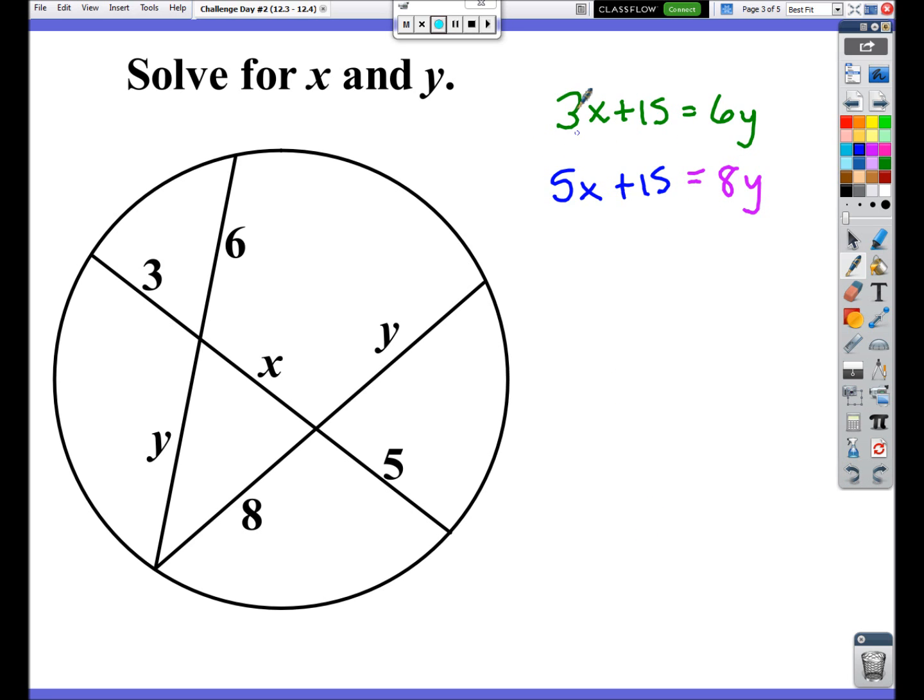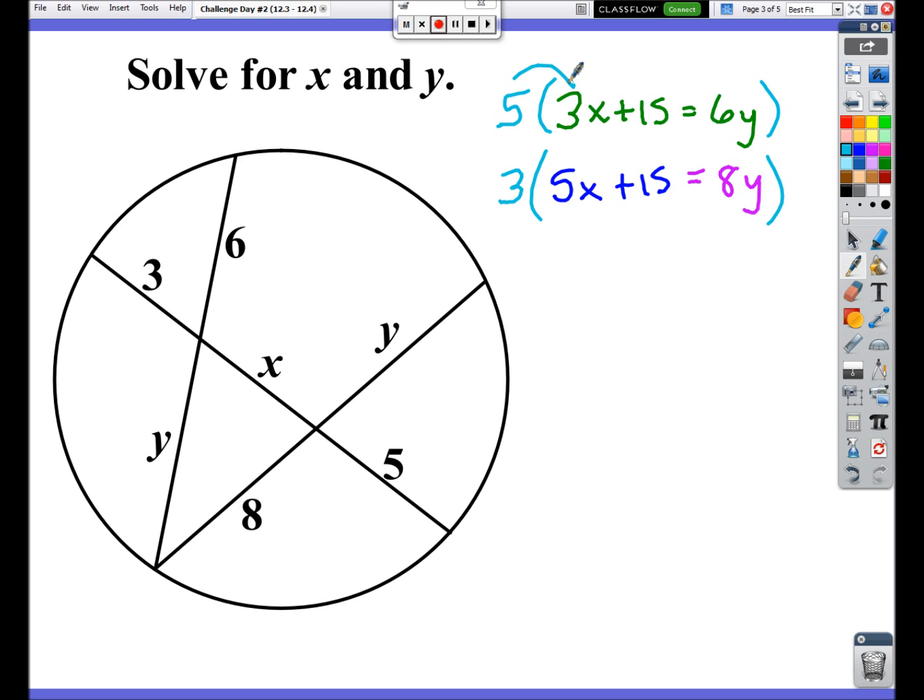Now, I could either try to eliminate the x's or the y's. In both cases, I'm going to have to multiply both equations by something to get the x's to match up or the y's to match up. So, I don't know, I'll focus on the x's. I'd have to multiply 3x by 5 and 5x by 3 so that these would be matching 15x's.